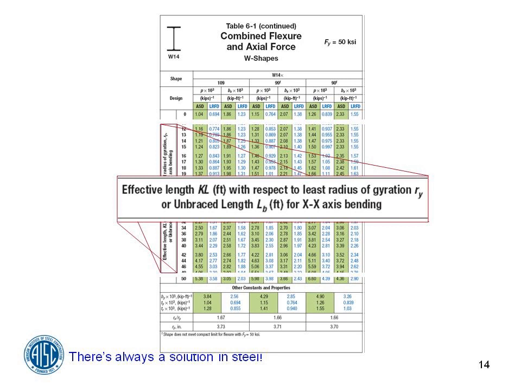The next part of that definition says, or the unbraced length L sub B in feet for XX axis bending. Now the values in Table 6.1 are the first time we have actual tabulated values for lateral torsional buckling. In the past, you just had the beam curves, but now you can go into this table with an unbraced length and have a table value.